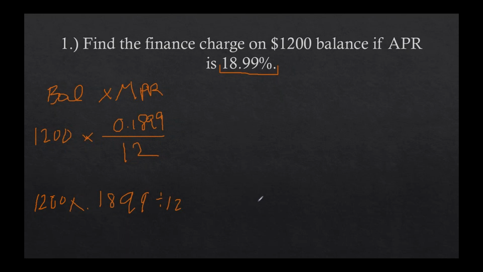So can anybody hook me up with our interest for this particular problem, our finance charge? Anyone? Bueller. $18.99. There we go.